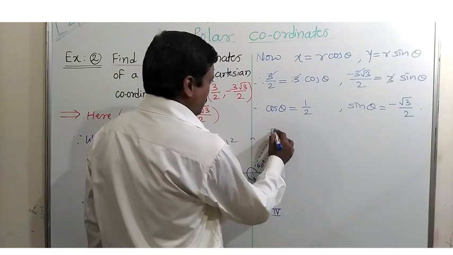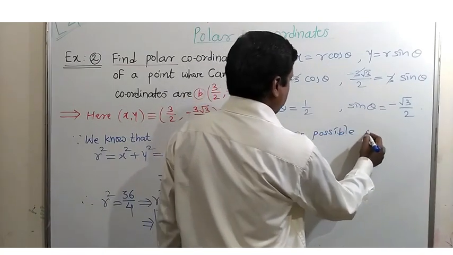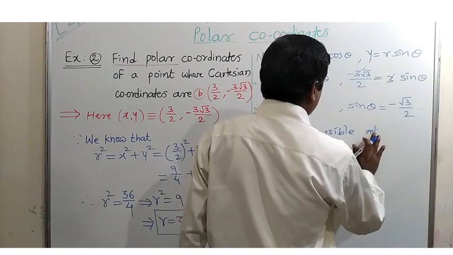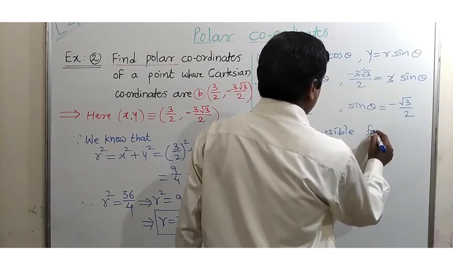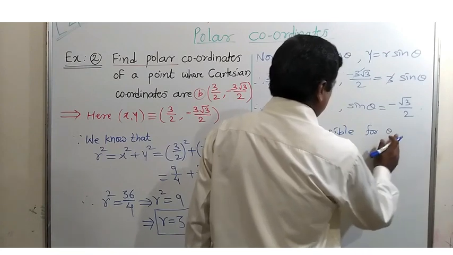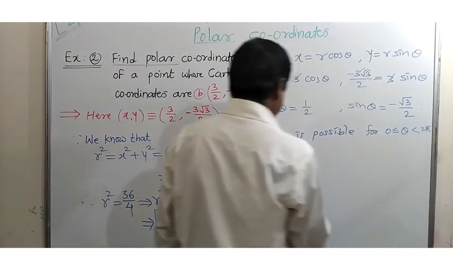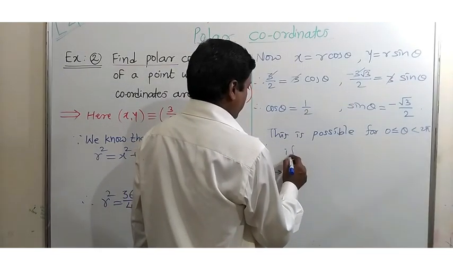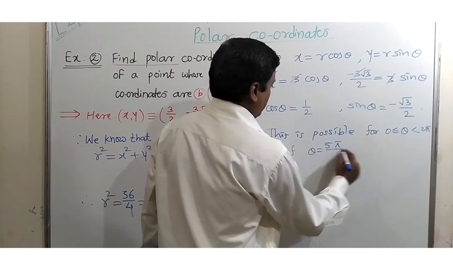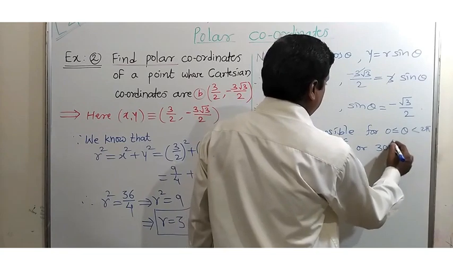So this is possible for theta greater than 0 and less than 2 pi, only if theta is equal to 5 pi by 3 radian or 300 degrees.